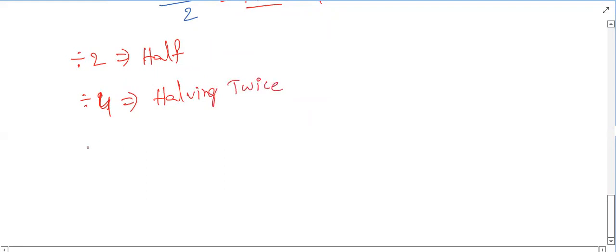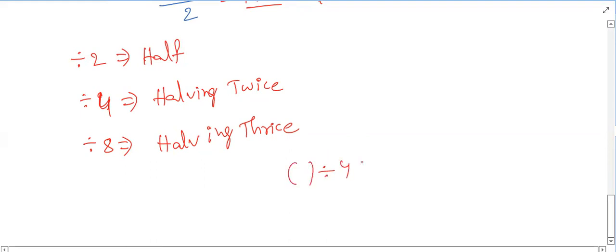And if division by 8 is given, then halving a number 3 times, or thrice. But it is of your choice. If you feel comfortable with direct division, then you can proceed with that. It all depends on you. So there is a method like this, and that's why I have mentioned these things.